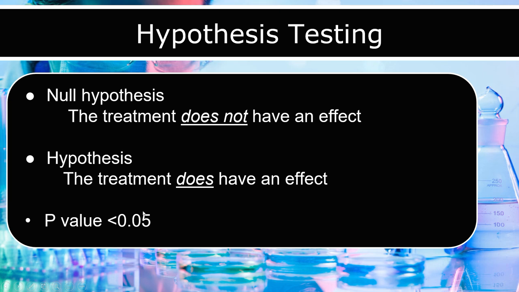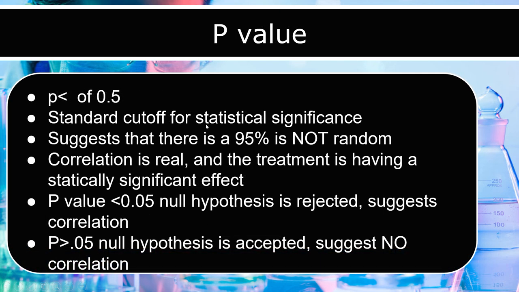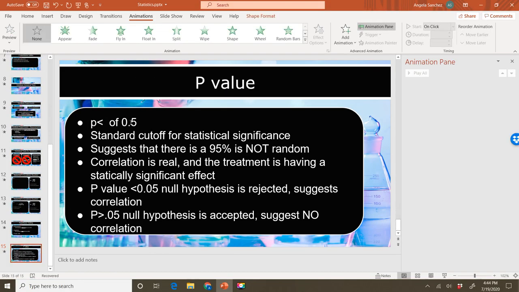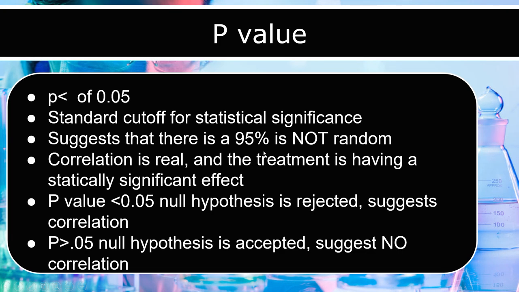And the p-value that you're going to be looking for is something less than 0.05. So the p-value of 0.05 is the standard cutoff for statistical significance. And what that suggests is that if it is less than p.05, there's a 95% chance that what you're seeing, the trend you're seeing, is not random, that any correlation that you're observing is real, and that a treatment is having a statistically significant effect.